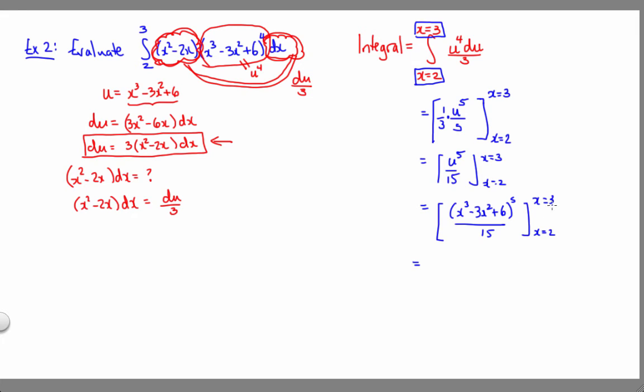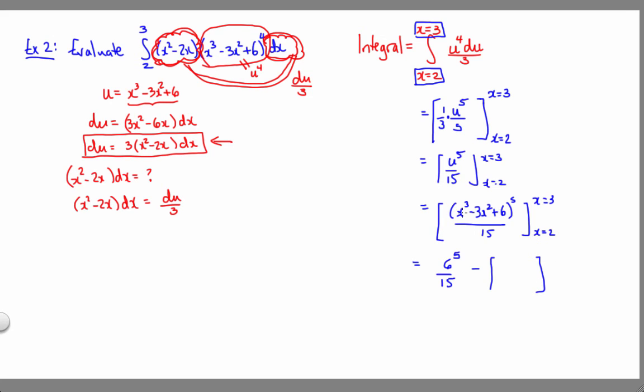So let's now sub in. Subbing x equal 3 into this numerator here, you can check that you're getting 6 to the 5th, and that's over 15. And then we're supposed to subtract off the value that we get when we sub in x equal 2. So I'm going to put square brackets here just to make this easier to read.